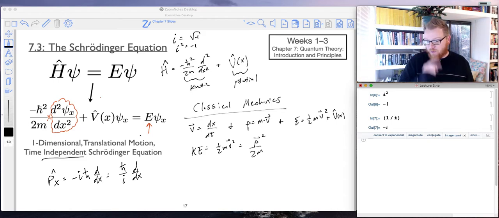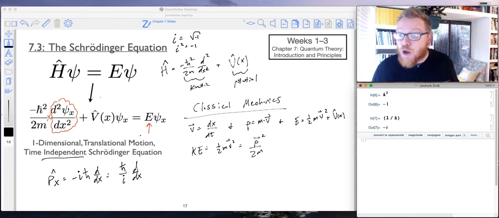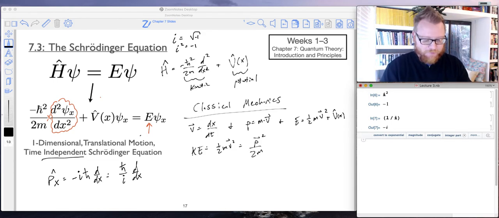I'm not going to go through this proof. I'm just going to rely on the fact that Mathematica knows what it's talking about. So that's where we can see these two different forms of the momentum operator, negative i h bar d dx or h bar over i d dx. And I prefer this one because I don't have to deal with a negative number at that point.